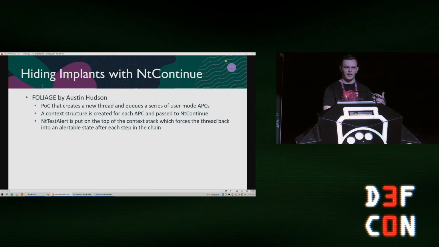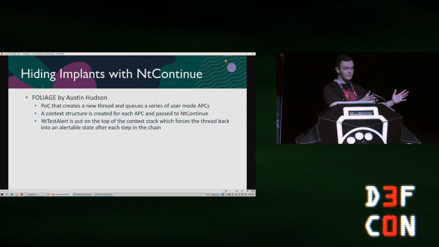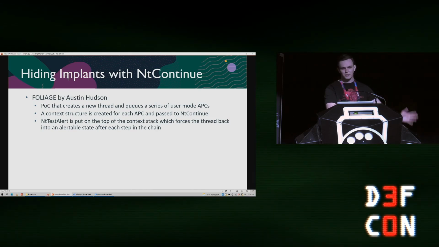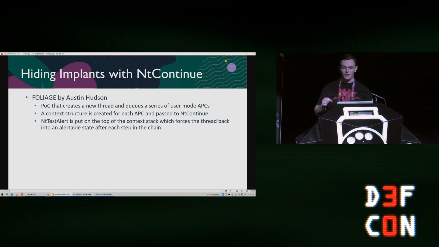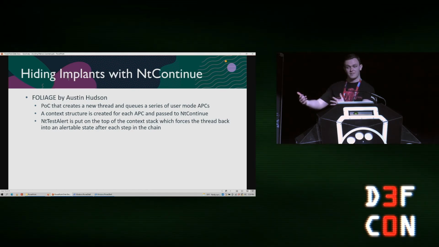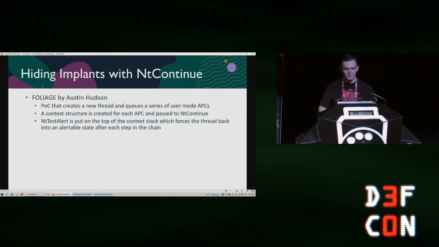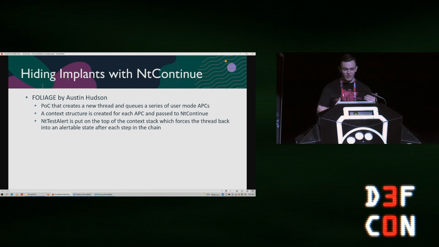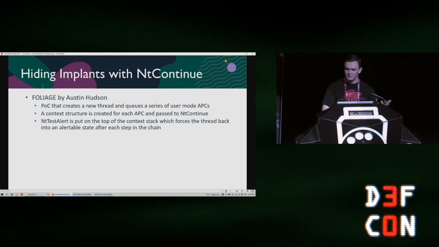The context defines what all of the CPU registers should be. So you tell it, here's what the instruction pointer should be, here's what all of the general purpose registers should be, here's what the stack pointer should be, and it will go and change the thread to have all of that information. And so this is almost like you're performing ROP, where you can sort of define what the whole context should look like and execute whatever you want with an instruction pointer.